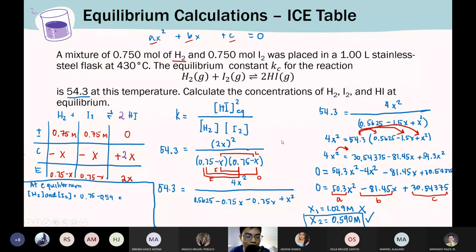Okay, so 0.16. Okay, so for both H2 and I2, the equilibrium concentration is 0.16 molar. While for HI, si HI, siya ay 2x, di ba? So that will be 2 times 0.59.